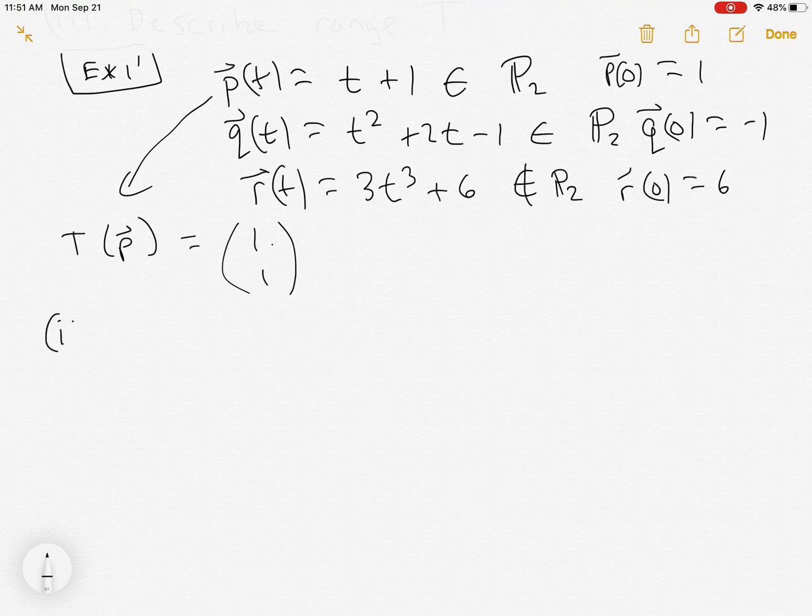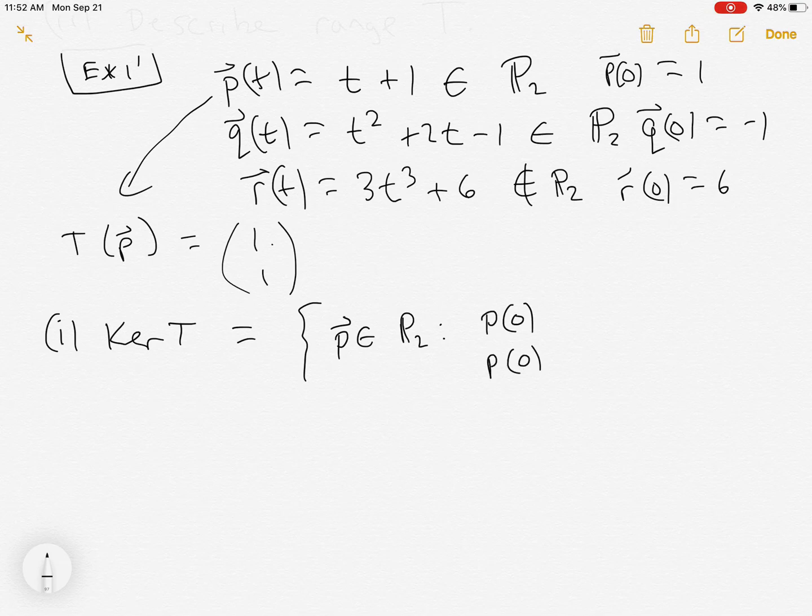All right, so let's see here. Okay, now we're going to answer part 1. The kernel of T are the polynomials in P2 such that T of P equals what? 0, 0, right? So it's mapping all these vectors over here to the 0 vector in R2, right?